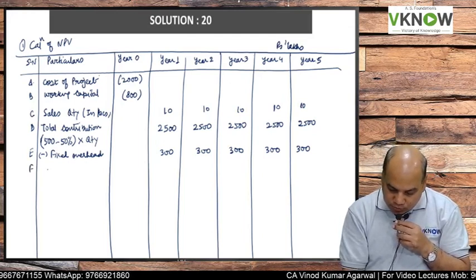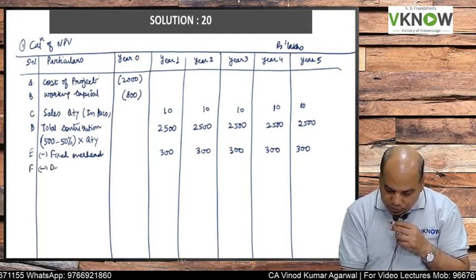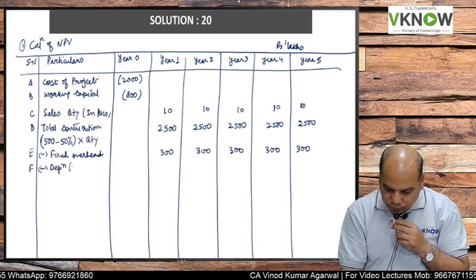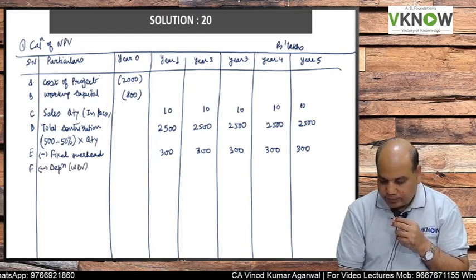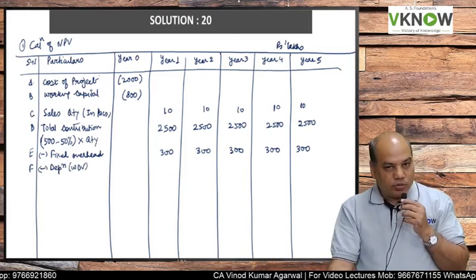One more line, write down less depreciation. Method is WDV.